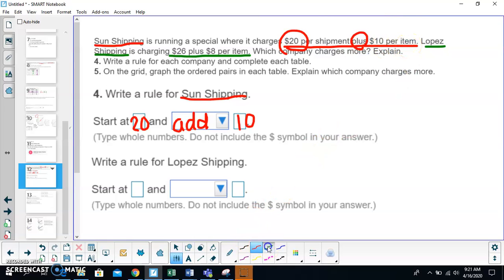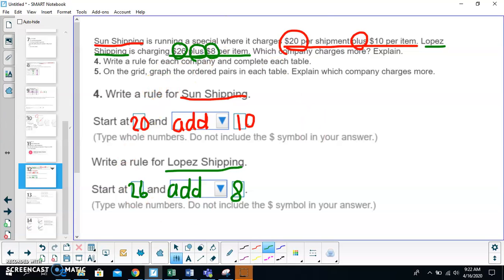Okay? Lopez Shipping is charging $26 plus $8 per item. So for Lopez Shipping, I'm going to start at 26 and add again, but instead of 10 it says 8. Okay, because it starts at 26 plus keyword $8 per item.